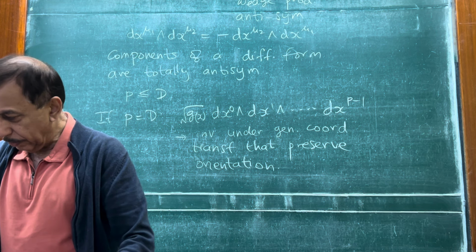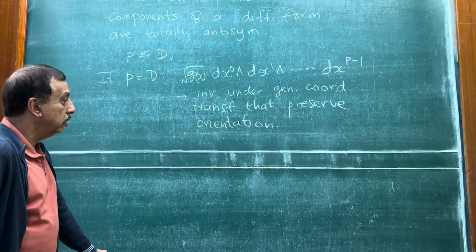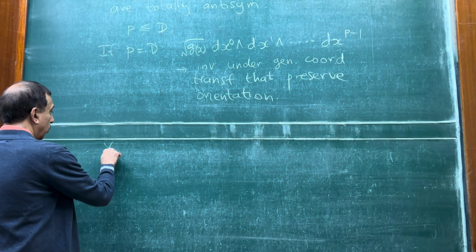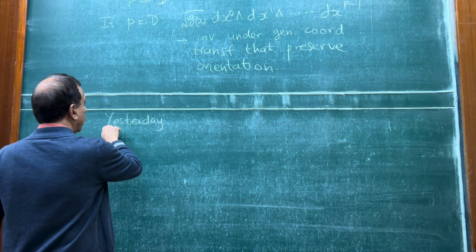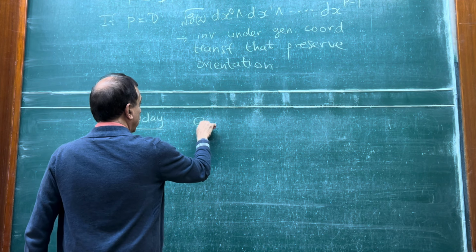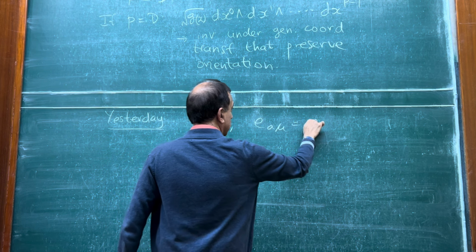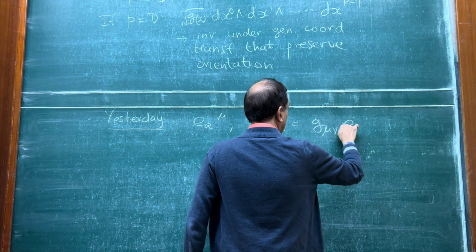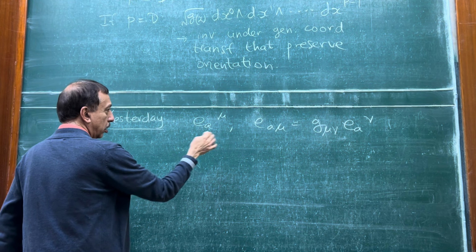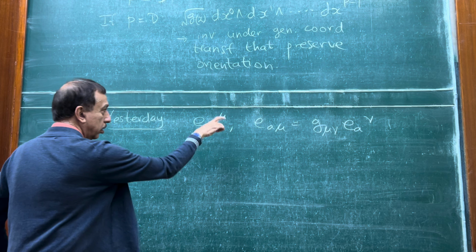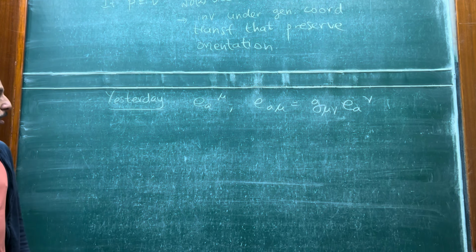So yesterday we defined, we'll go back to frames, we defined E_A^mu and E^A_mu, which is obtained from it, and the other two, where you raise A and lower A by the Minkowski metric.